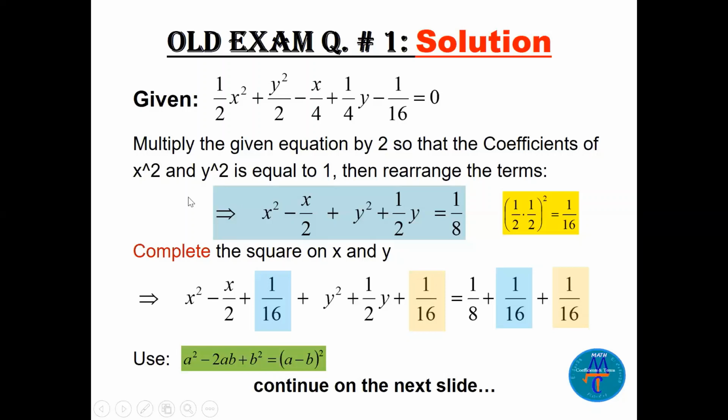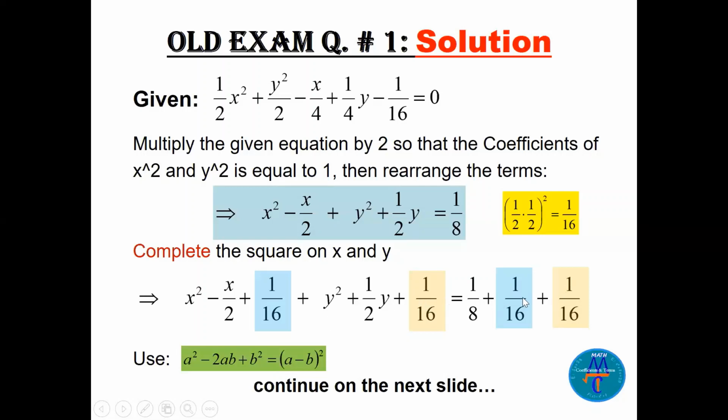So we take half here, because it's already half, and we have to take half of it, which multiplied by half is 1 over 4, square it, 1 over 16. So I add on this side 1 over 16, and on the other side 1 over 16, with this blue color. Same thing here, half y, I have to multiply by half, 1 over 4, square it, so 1 over 16, 1 over 16.